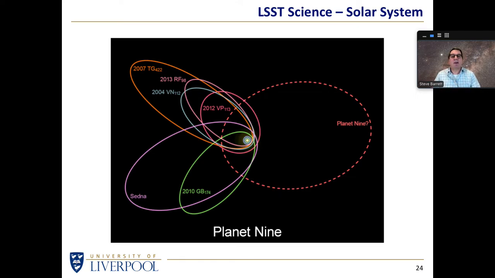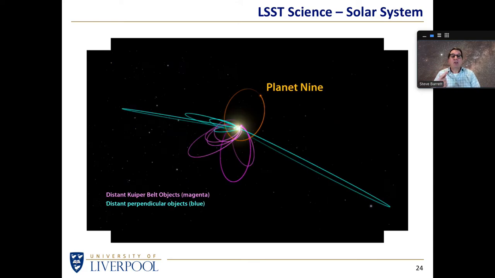If there is a ninth planet out there, it will be affecting these objects and giving them these rather peculiar orbits, peculiar in terms of eccentricity and their inclination to the ecliptic. So if indeed there is a Planet 9 out there, it is thought that LSST will find it quite quickly. It's almost impossible for LSST to miss it, assuming we've got the predictions of approximately its mass and its position roughly right.